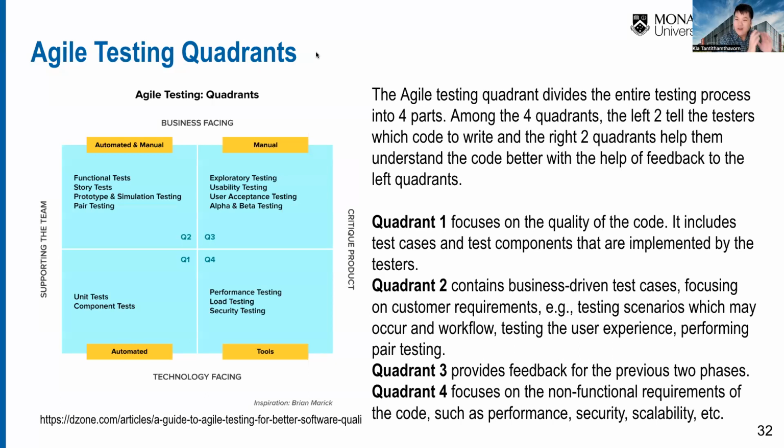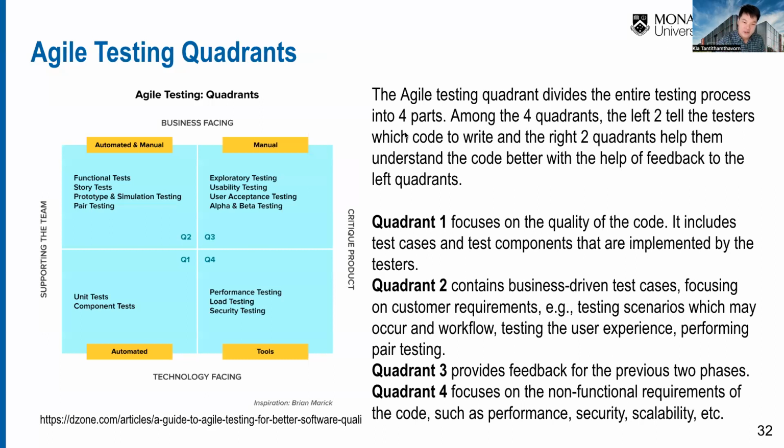Second quadrant, we focus on the business-driven test cases. Okay, on the customer requirement, for example, testing the scenarios is like V and V, but we rephrase it. Instead of saying V and V, this is more like a quadrant.